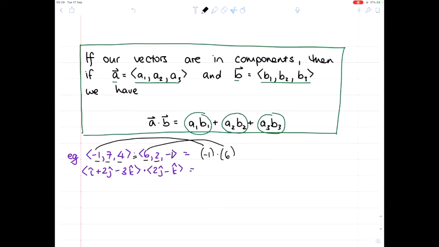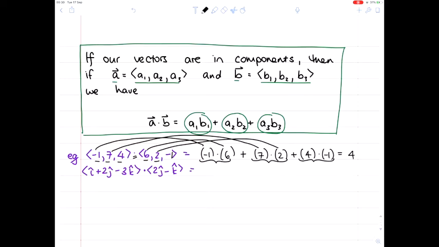That's our first components multiplied together, and we're going to add this to our second components multiplied together, so there comes our 7 times 2. And then finally our third component, so it's going to be 4 times minus 1. So we've got minus 6 plus 14 minus 4, so in total that gives us 4.